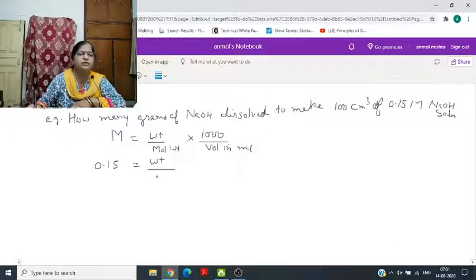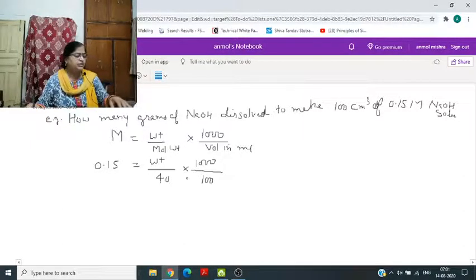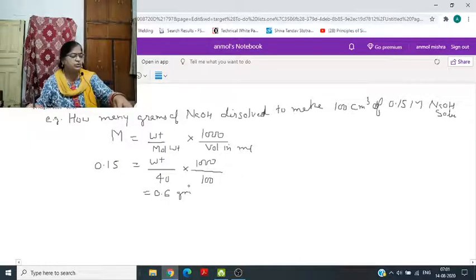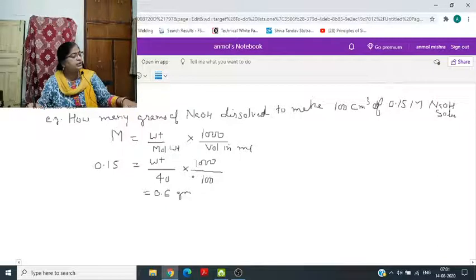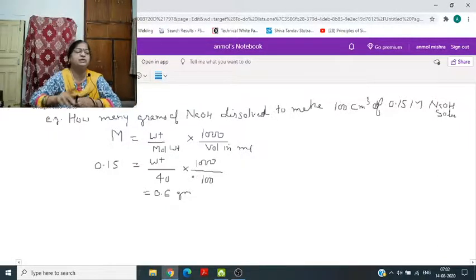The molar mass of NaOH is 40, into 1000 by the volume given, 100, and when you calculate, it will come out 0.6 grams. So please go through the formula and solve. Then, when two solutions are mixed together, how to find out the normality, I will tell you next.